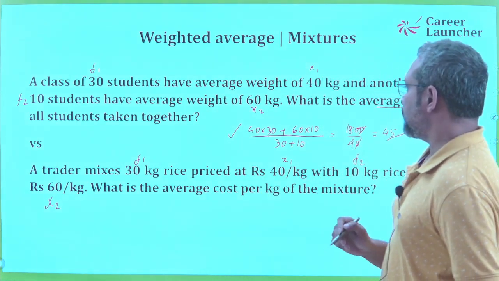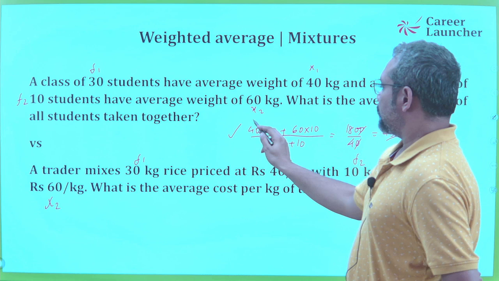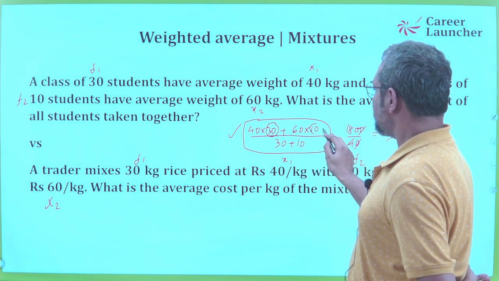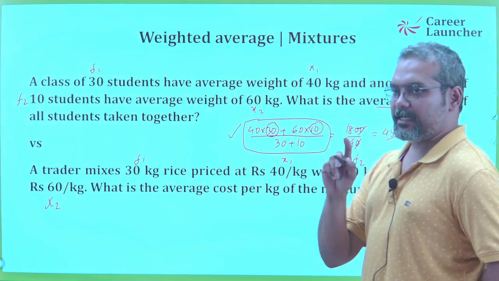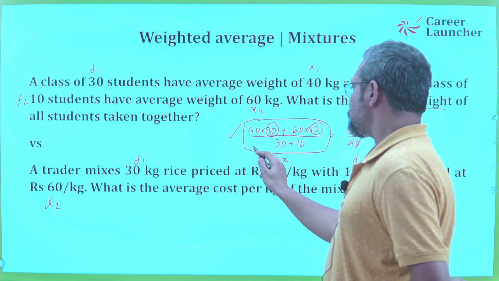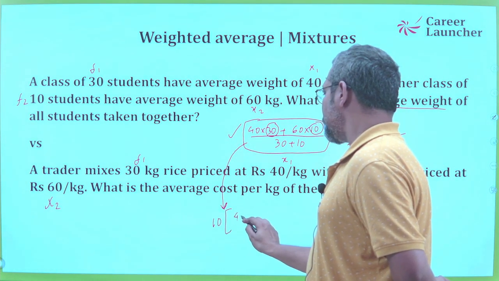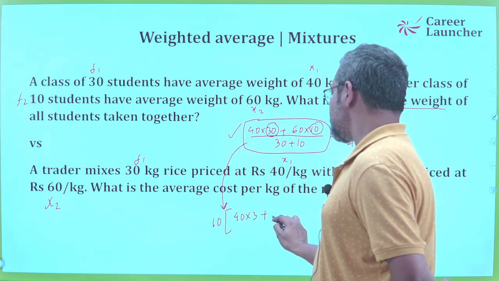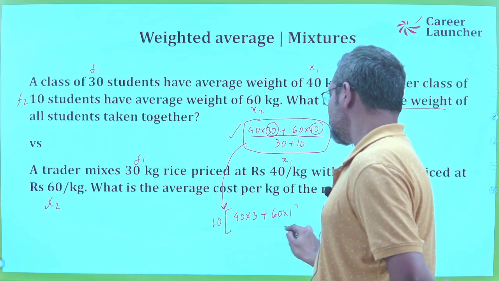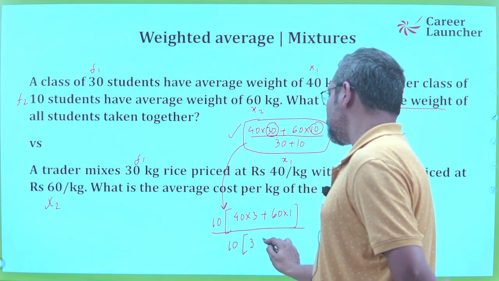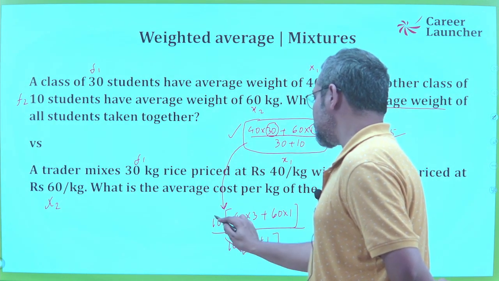Now one more thing here. If you observe carefully, 30 and 10 have 10 as a common factor, right? So what I can do here is take the 10 out and write 40 times 3 plus 60 times 1, and here also the 10 will go out common, and I will do 3 plus 1, just cancel that.